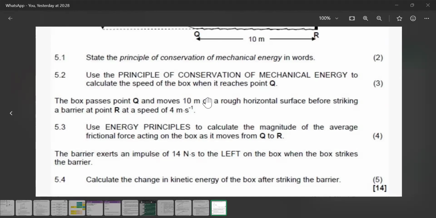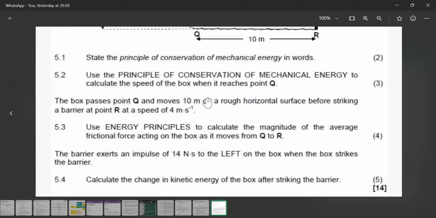Okay. So one thing we learned about impulse is that it's exactly the same as the change in momentum. And from the change in momentum, we can actually find the change in velocity, right?